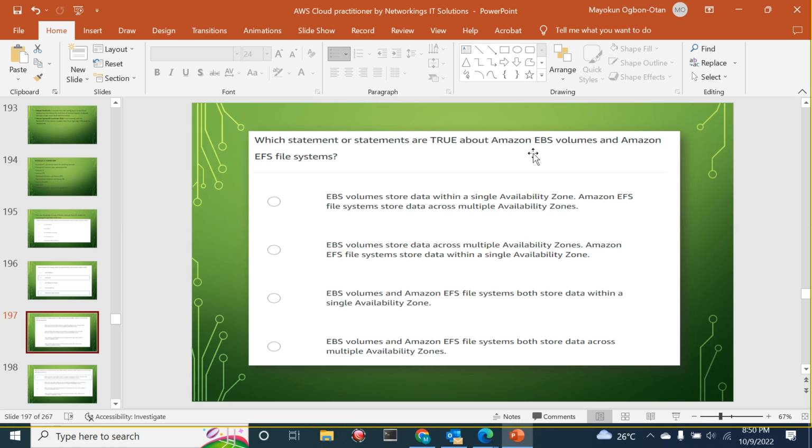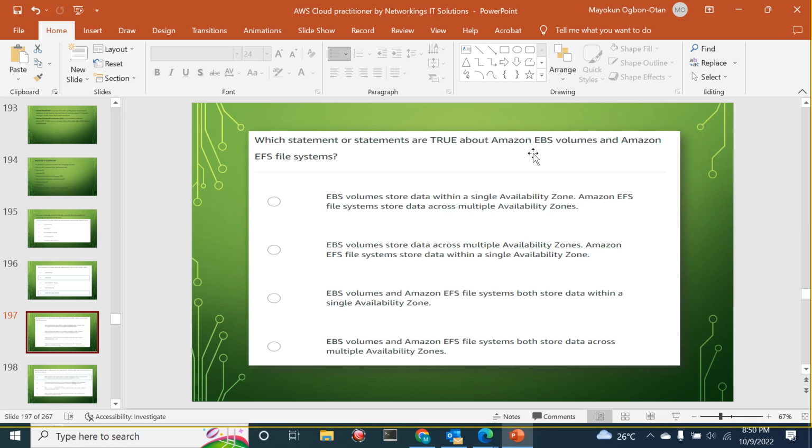Which statement or statements are true about Amazon Elastic Block Store volumes and Amazon Elastic File Systems? Number one, EBS volumes store data within a single availability zone. Amazon Elastic File Systems store data across multiple availability zones.